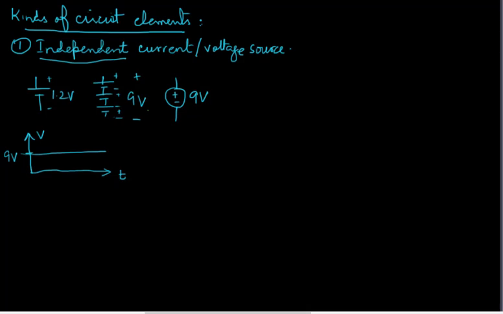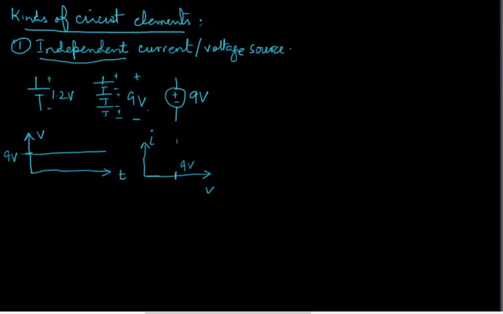There is another idea that I would like to discuss. This is the graph of voltage with respect to current. And let's say on the voltage axis, since this source is 9 volts, I'm going to draw that line.